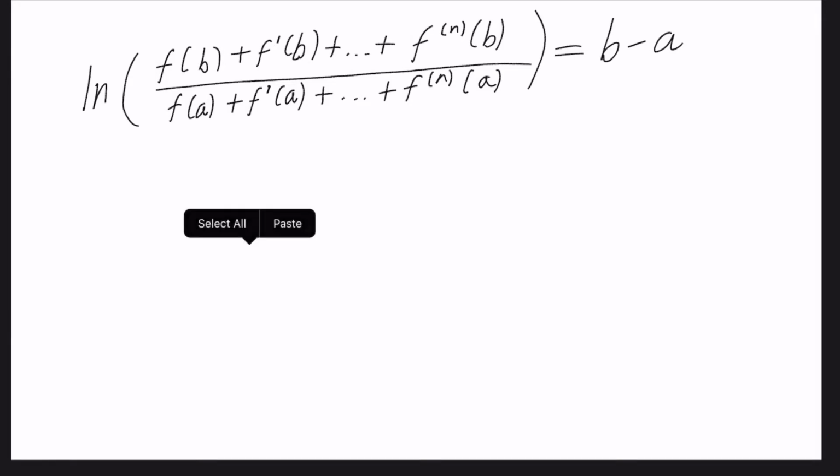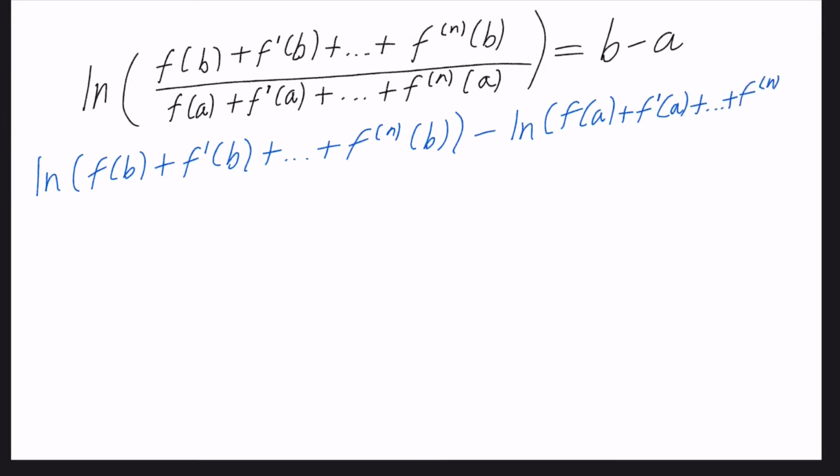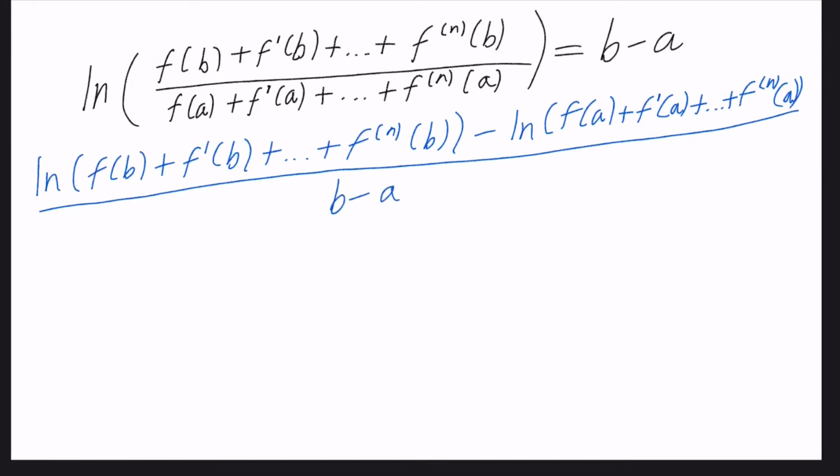The quotient can be transformed into a difference: natural logarithm of f(b) plus f prime(b) plus ... minus natural logarithm of the same expression with a instead of b, divided by b minus a, must be equal to 1.